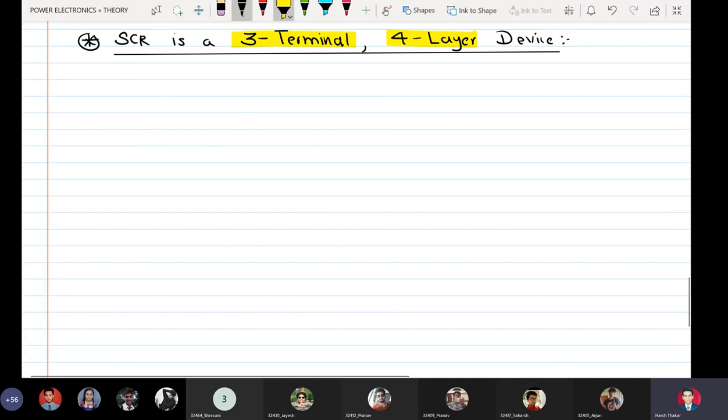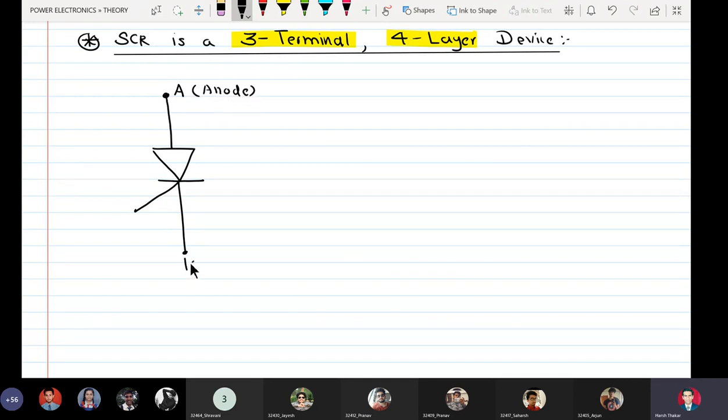This is why it is called a 3-terminal device. So the symbol of an SCR can be very easily made by first making the symbol for a diode and just adding one terminal to it. It is this terminal. So this is the first terminal and it is called anode, similar to a diode.